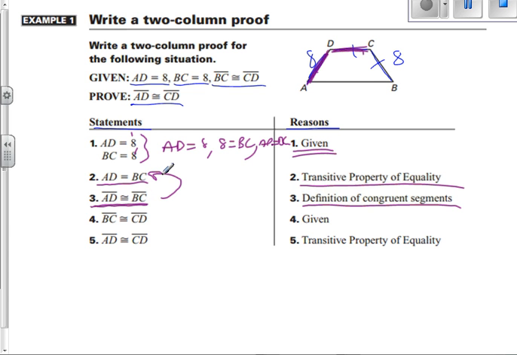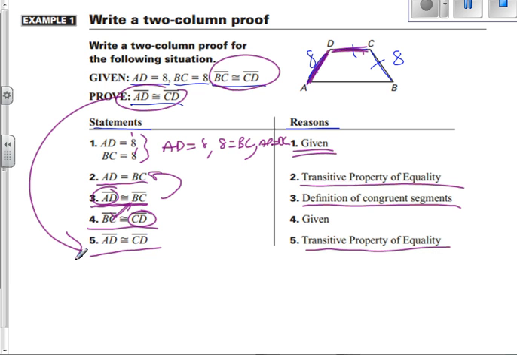Then in number 4, we know that BC is congruent to CD because that was given. Those are identical, so I can come back and say that this is congruent to that. So line segment AD is congruent to line segment CD. That's your transitive property, and that's exactly what we needed to prove. So that's your proof.